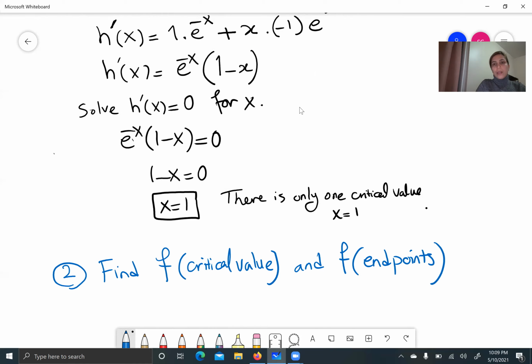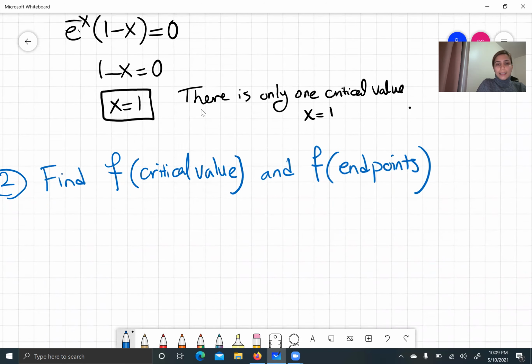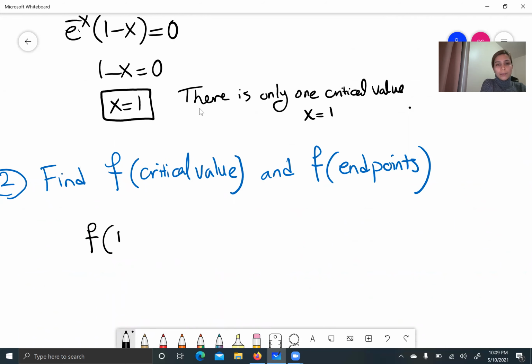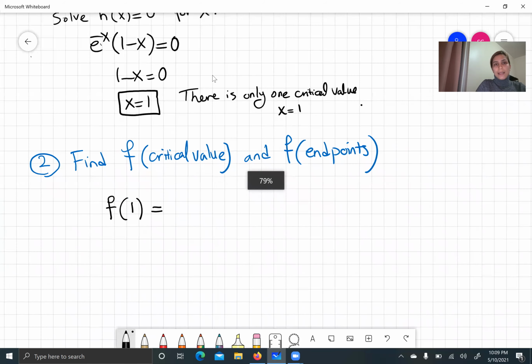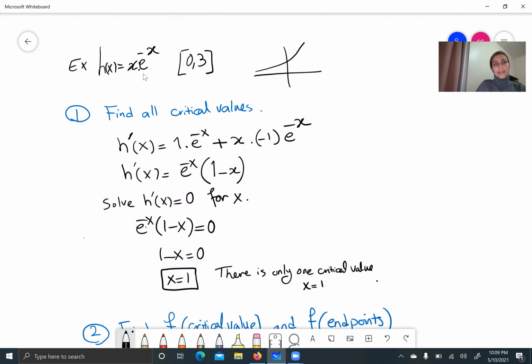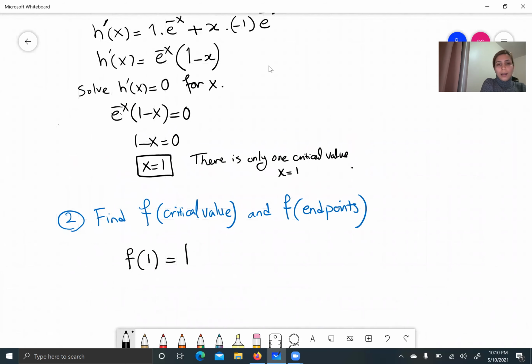Let's do it. There is only one critical value, which is x equal 1, so we need to calculate f of 1. What is f of 1? In your function, h of x is x times e to the negative x, substitute 1. So it's going to be 1 times e to the negative 1, which is e to the negative 1.